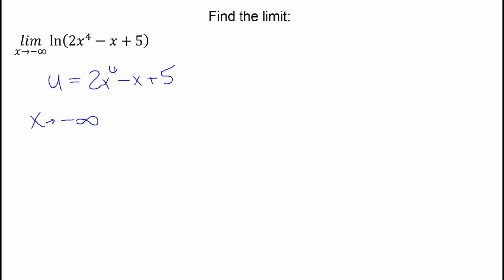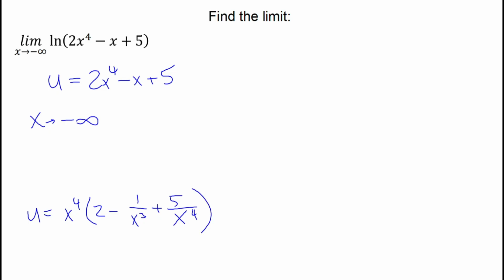But even if we weren't sure of that, we could rewrite the u. We could factor the x to the fourth out and leave it as x to the fourth times 2 minus x to the negative 3, which is just the same as 1 over x cubed, and then plus 5 over x to the fourth.